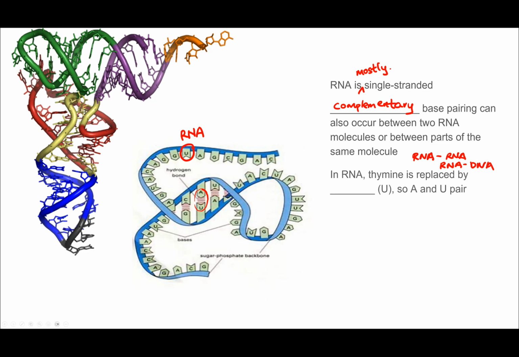Remember, in RNA, you do not have T, you have U, which stands for uracil. So as a result, A will pair with U instead. It will also form 2 hydrogen bonds.